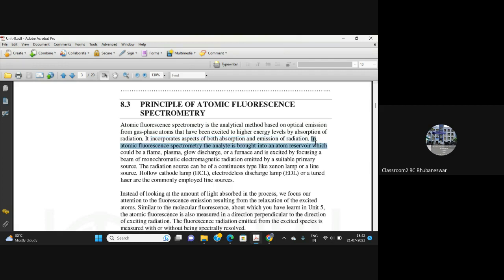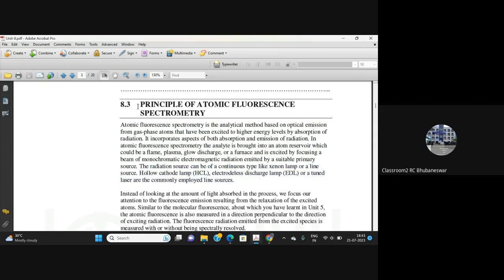In atomic fluorescence spectrometry, the analyte you are going to study is brought into an atom reservoir, which could be a flame, plasma, glow discharge or furnace. Then after atomization it is excited by focusing a beam of monochromatic electromagnetic radiation emitted by a suitable primary source. The radiation source can be a continuous type like a xenon lamp.